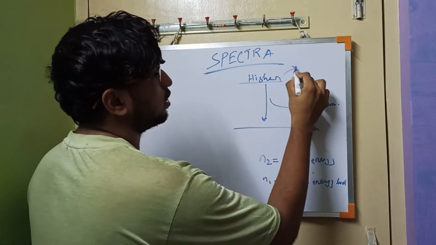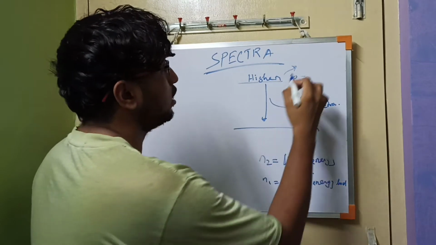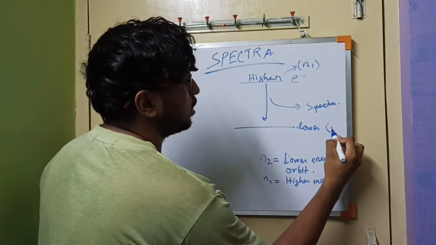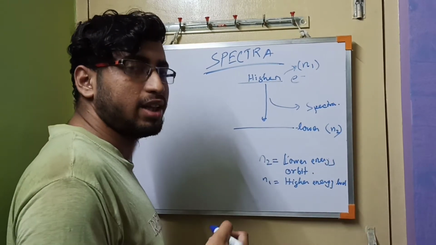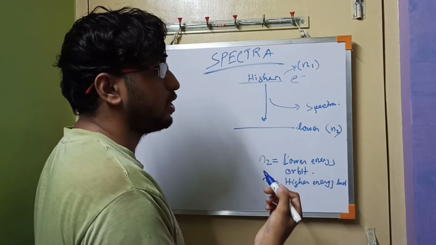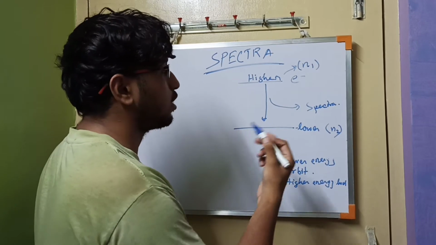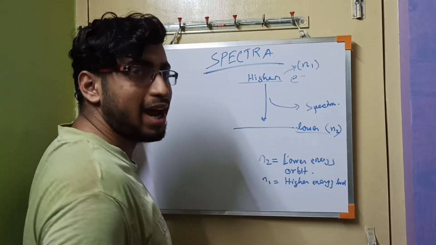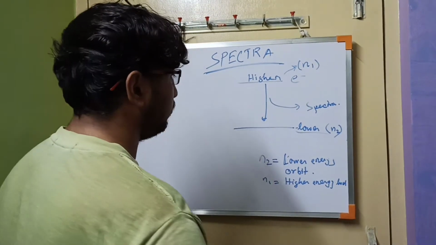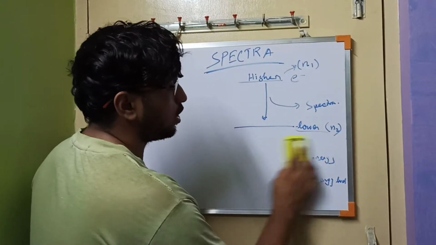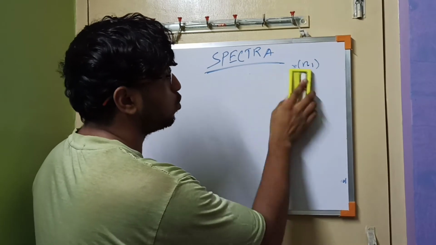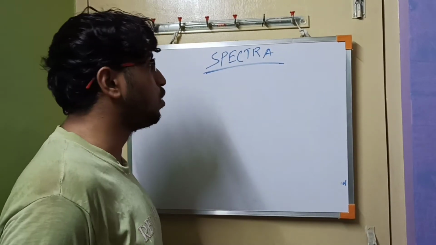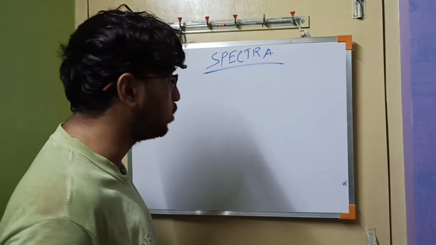We denote the higher energy level as n1 and the lower energy level, the final energy level, where the electron is making the final transition, as n2. Now, on the basis of n1 and n2, we can give a table of the spectral series for atomic hydrogen.